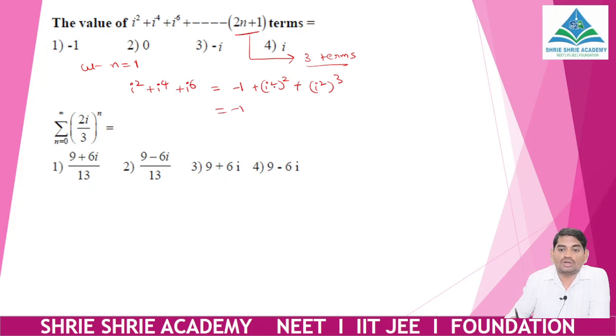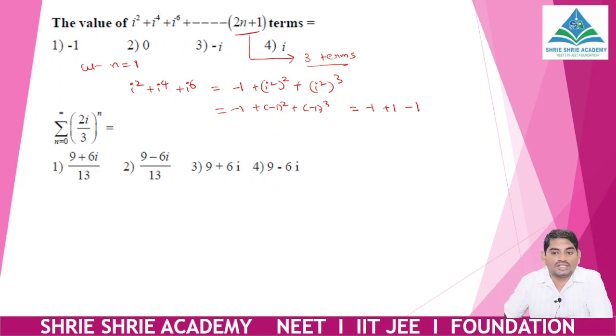So minus 1, minus 1 whole power 2, minus 1 whole power 3. So we get minus 1 plus 1 and minus 1. Here minus 1 plus 1 got cancelled, we get finally minus 1. So the first option is correct.